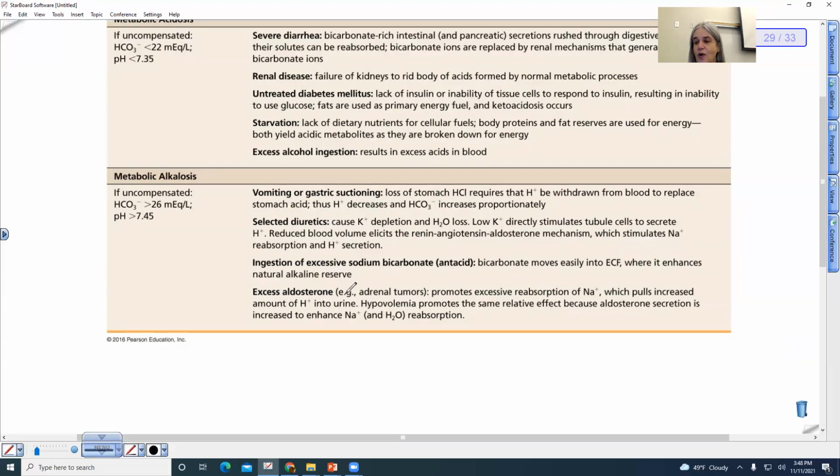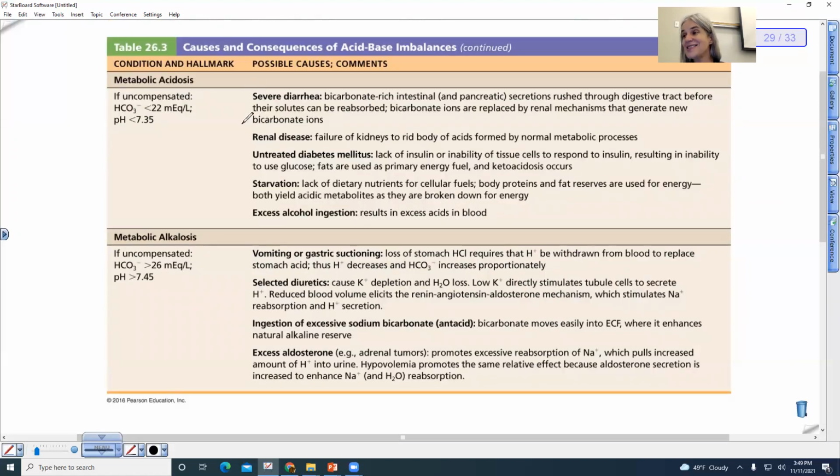And then aldosterone also affects how much hydrogen ions can be secreted in the urine. So these are metabolic reasons for acidosis, which would be low blood pH, and metabolic alkalosis, which is high blood pH.